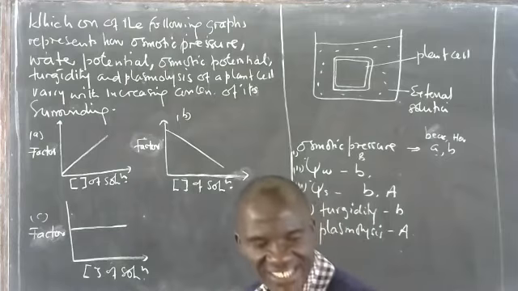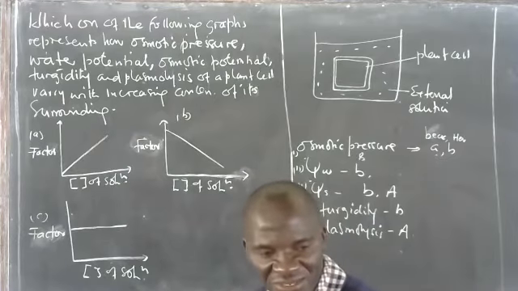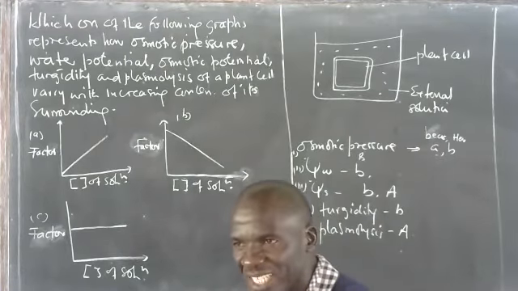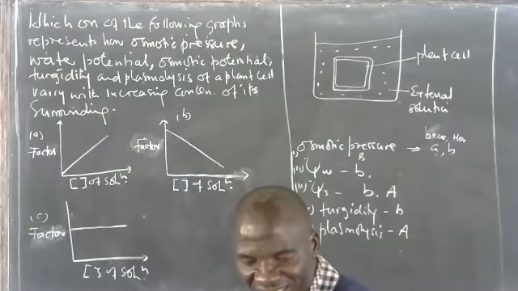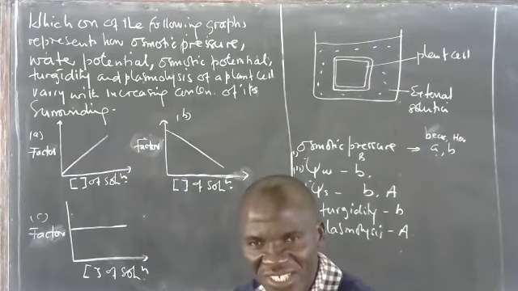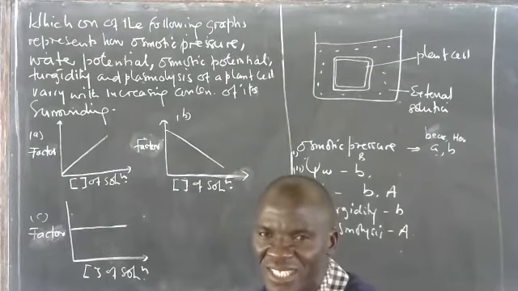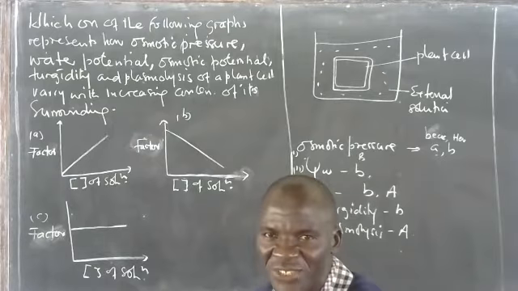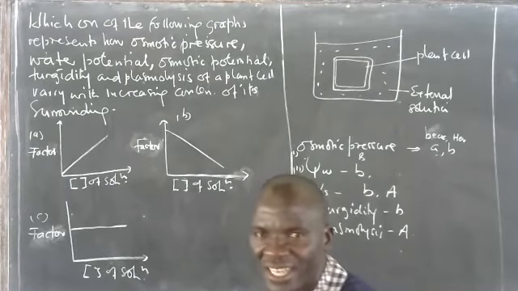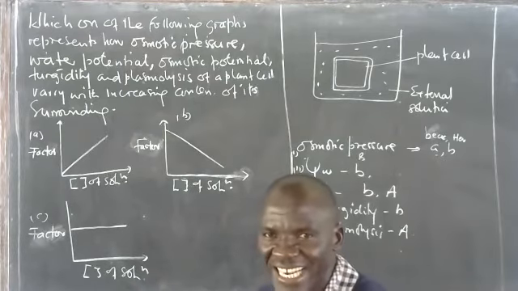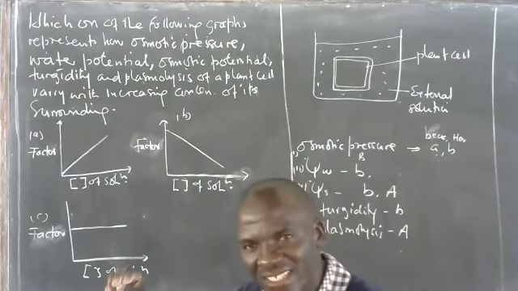Remember, this cell is losing water to the surrounding solution. And as it loses water, what happens? I said osmotic pressure is all about the concentration of the cell or of the solution. So as the cell loses water to the surrounding, does its concentration increase or decrease?